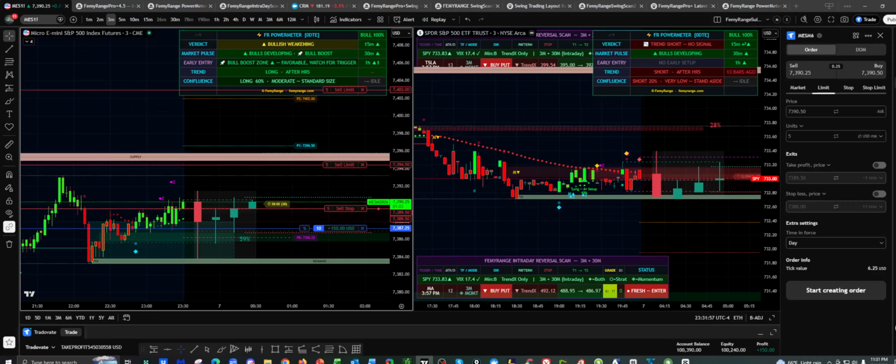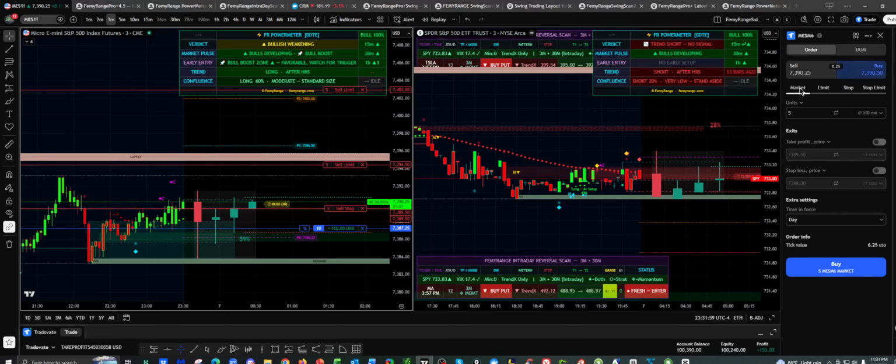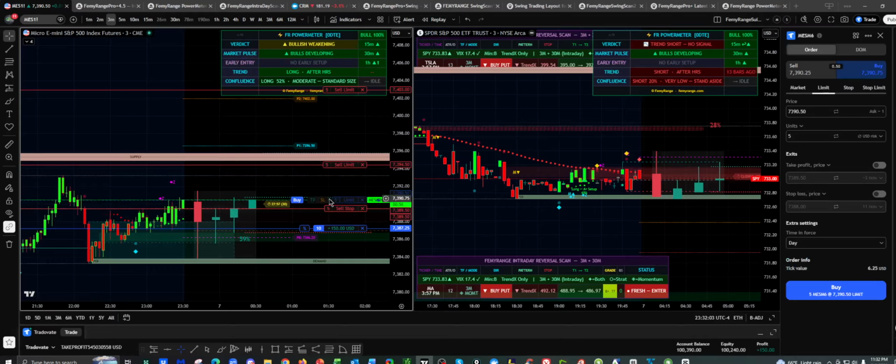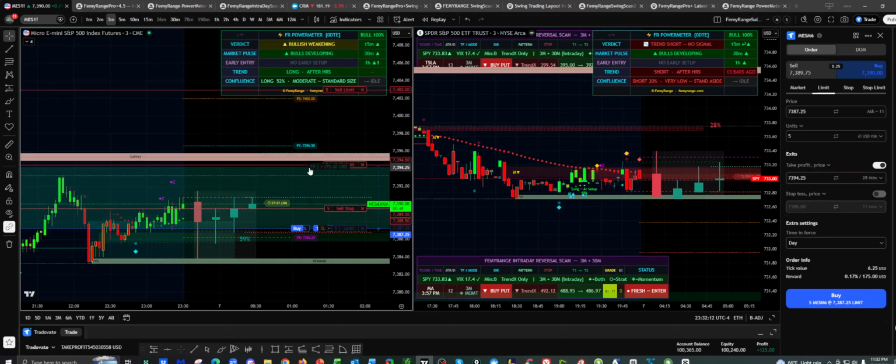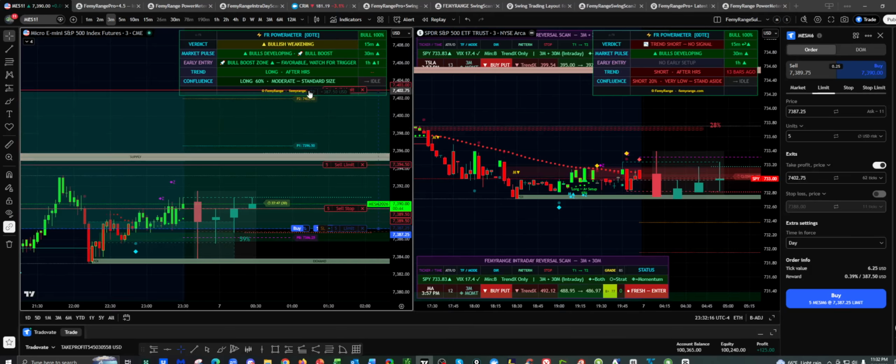And that's how you do it. Now, this is where we bought. If price gets up here, that would be $175. If price gets up here, that would be $393, but that's 5 contracts.